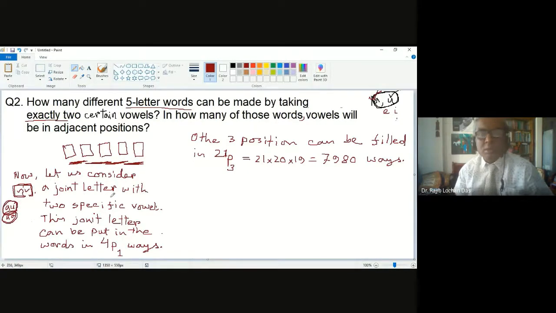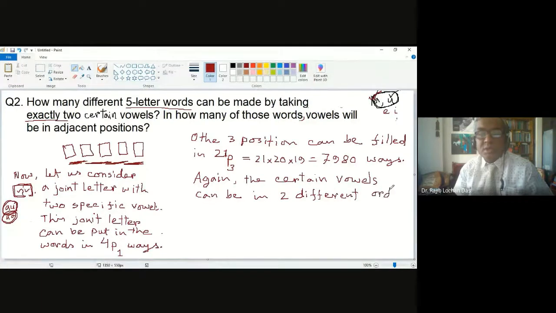So you will write again: certain vowels can be in two different orders. Orders means serial.